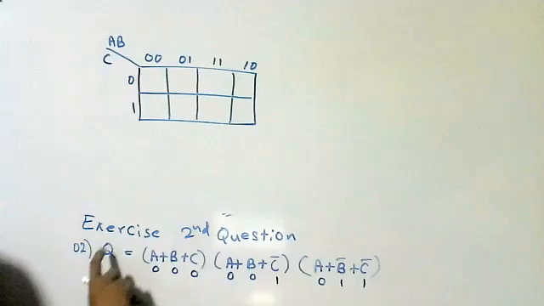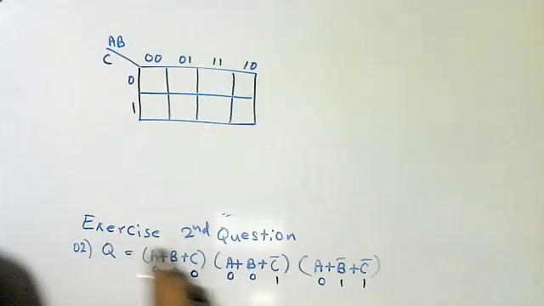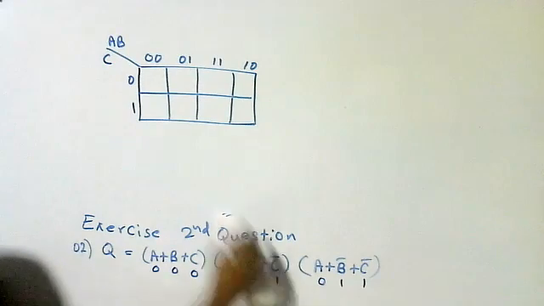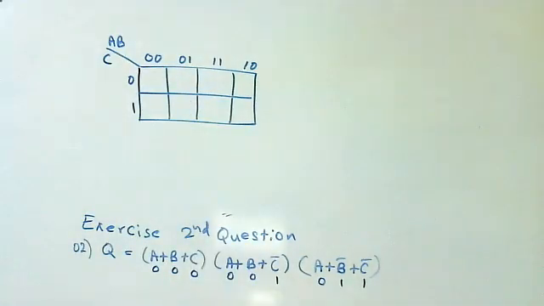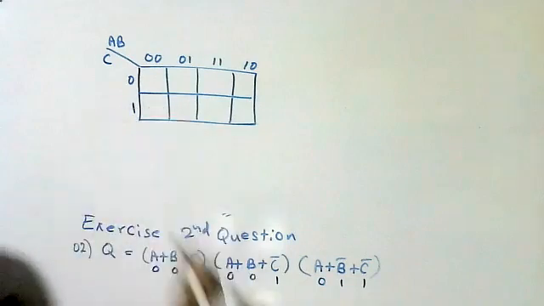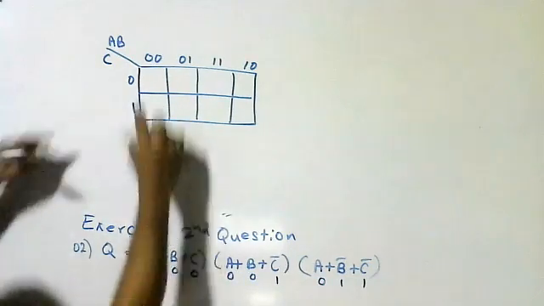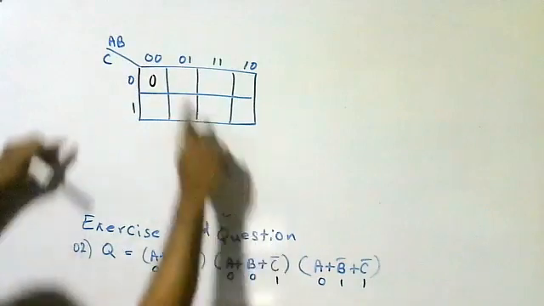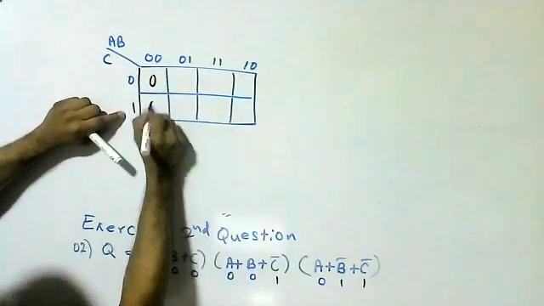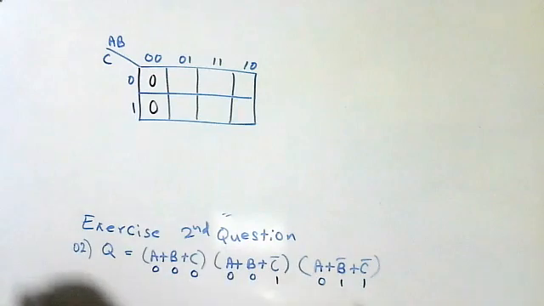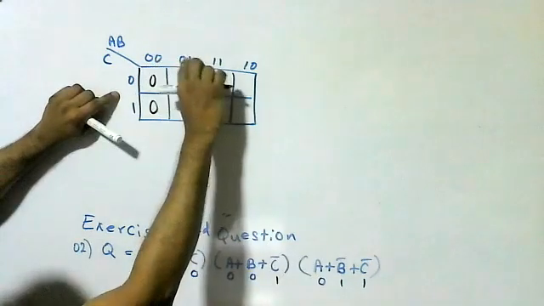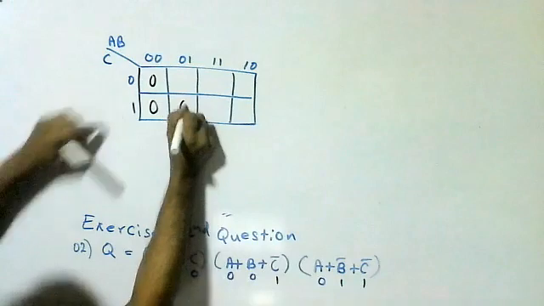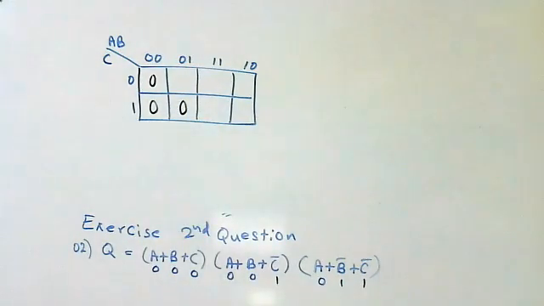Okay, students, this is the POS expression given. So I took zeros and ones. Now I am going to mark the zeros in my Karnaugh map. 0, 0, 0 means here 0. 0, 0, 1 means here 0. Here 0, 1, 1 means here 0. Now I can group it. Just a minute, students.